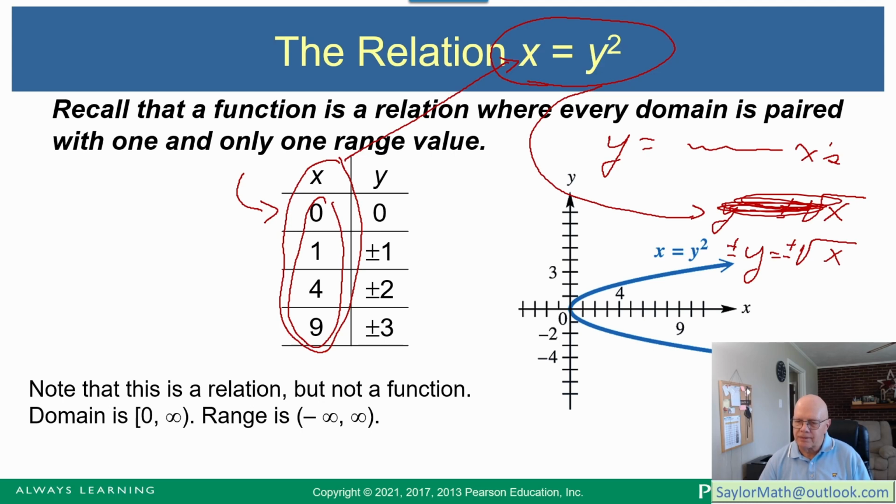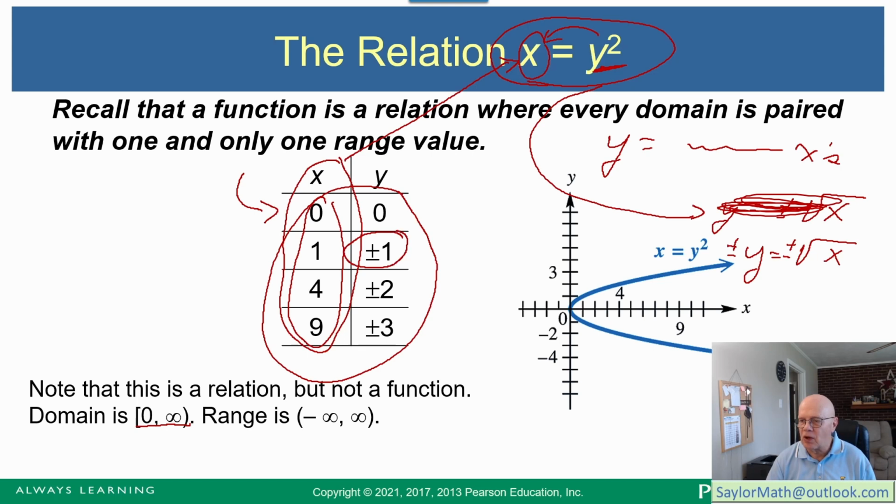Okay, so the domain, you can only have positive, because you're squaring something. This has to end up being positive or 0. Put those numbers in here. Once you do this, you'll see, if you get enough points, that you can have multiple y's for each x. And that's not a function. This should not happen.